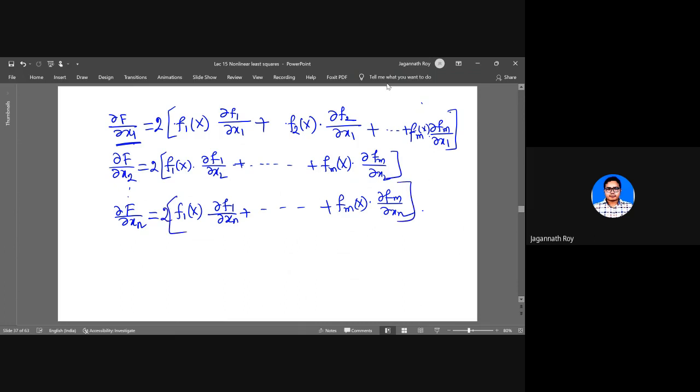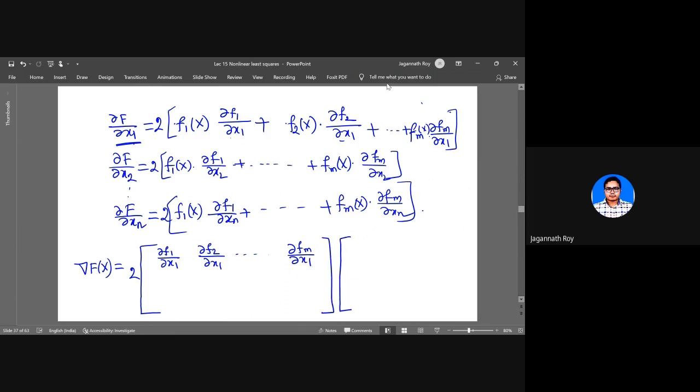So if you write it, the gradient of f(x) equals, this can be written in this form. Okay, 2 outside, del f1 del x1, then del f2 del x1, into del fm del x1.